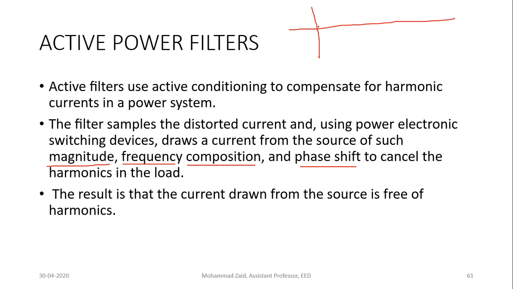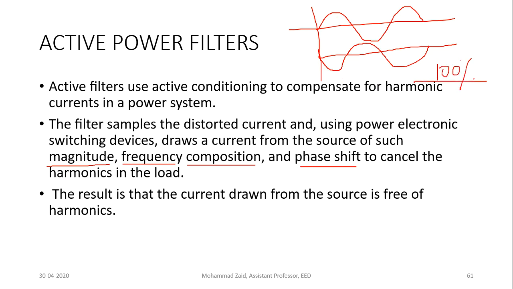For example, if the current produced by the harmonic is like this, then the current produced by the harmonic filter should be like this. That means almost 100% cancellation should take place at the point of common coupling.